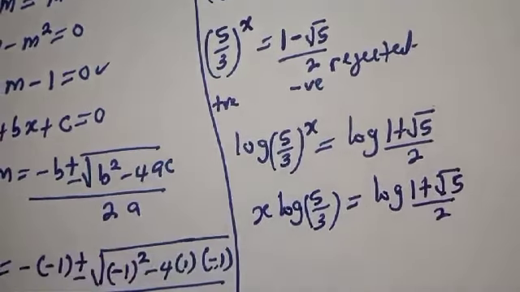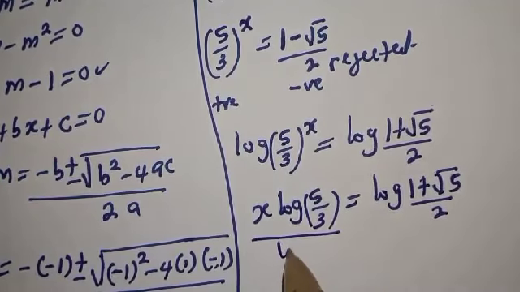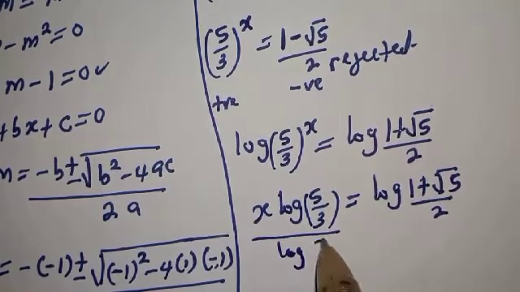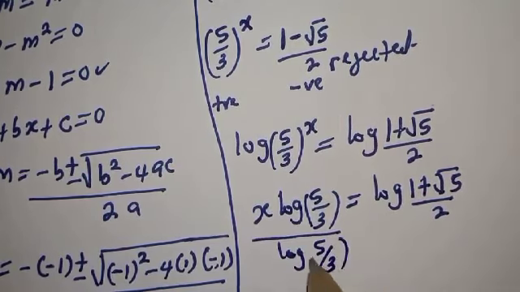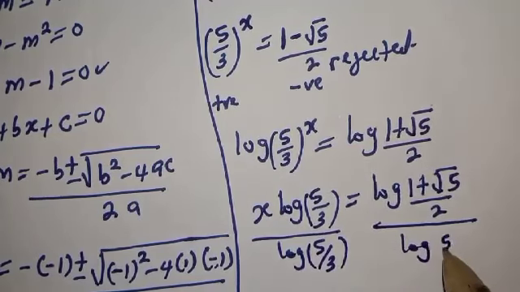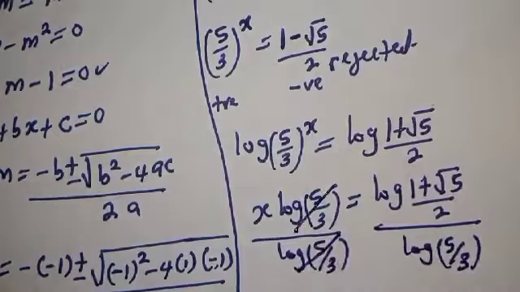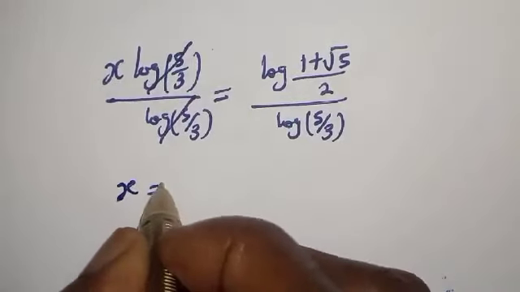Now we are looking for the value of s. Let's divide both sides by log 5 over 3. This will cancel this.